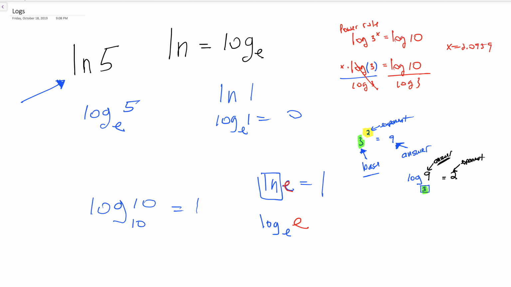So ln 1, which I don't like, I rewrite like this, and then I can easily see with my Mario action that e to the 0 is 1. So it has to be 0. You get that? Anything to the 0 is 1, but you have an e there. Okay, so got that taken care of.